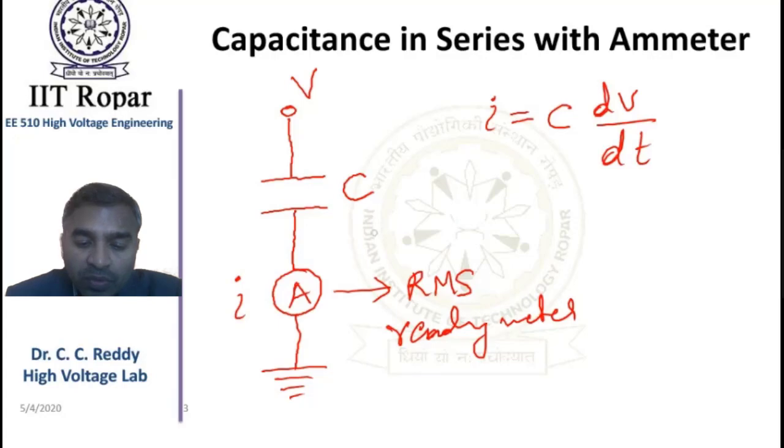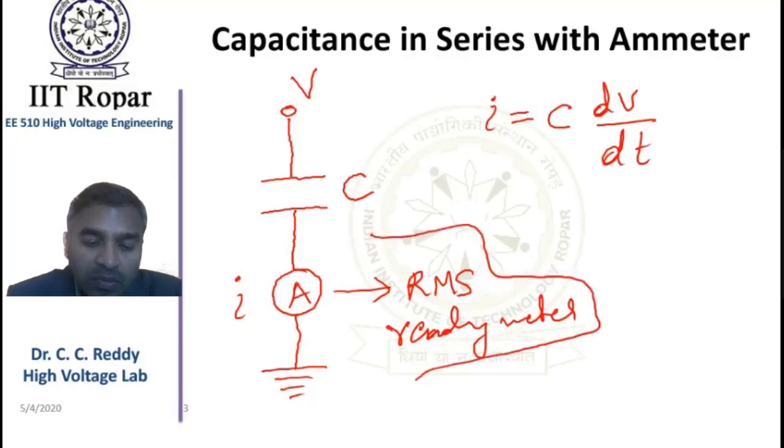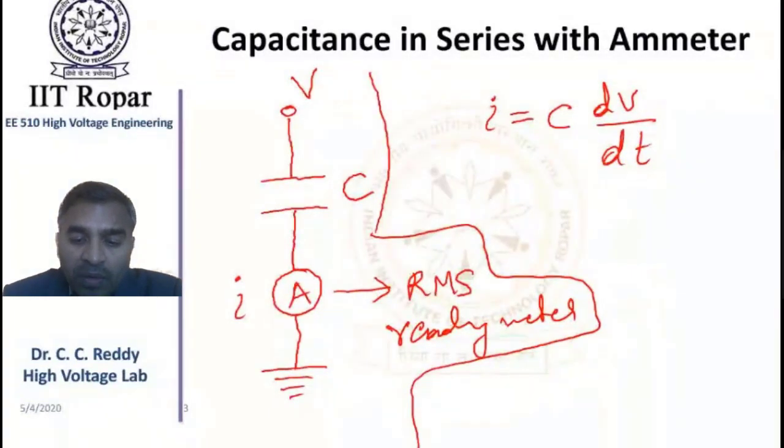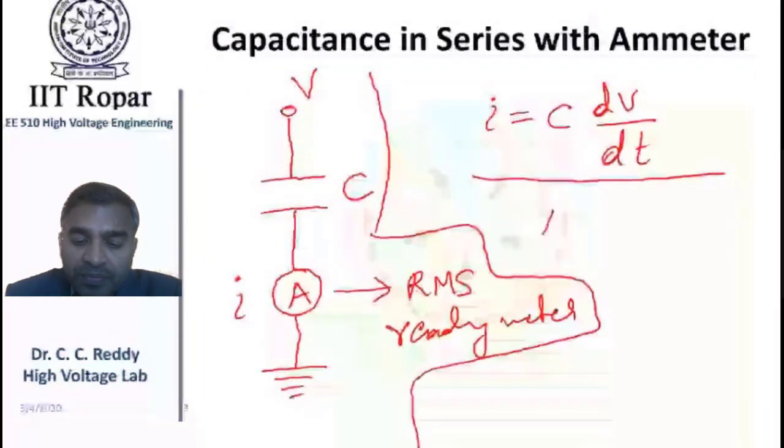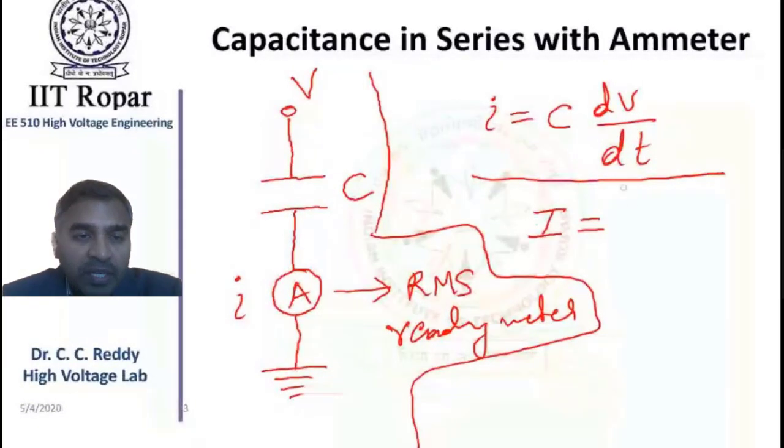So what will be the current in RMS value? Let us say I equals I RMS, and let us take V as the RMS voltage.